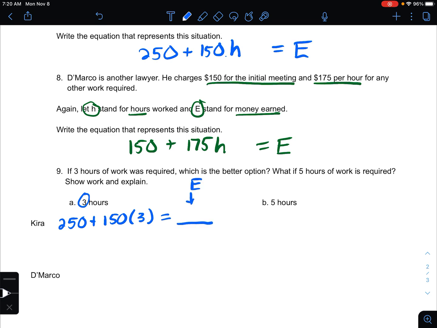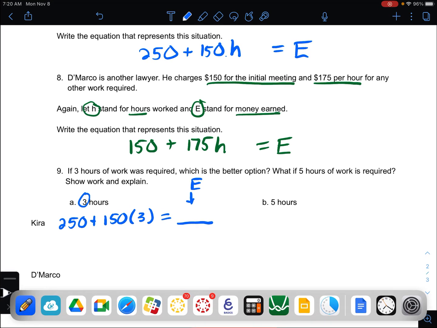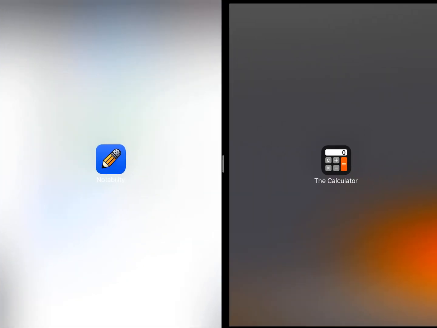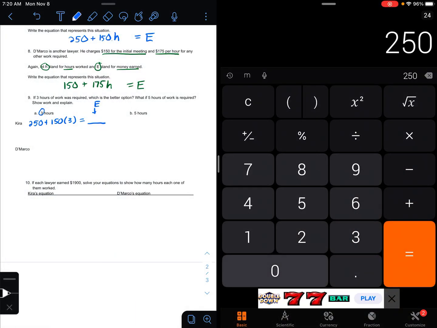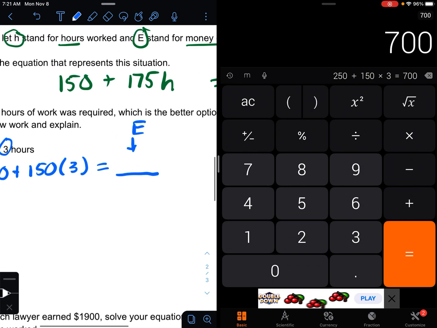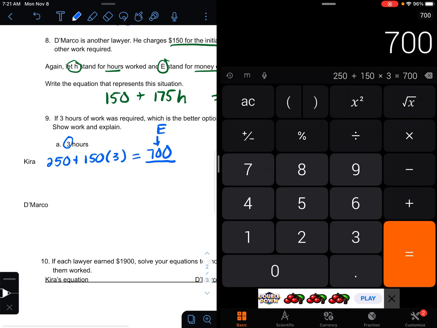So that's going to be E. So let's punch that into the calculator. 250 plus 150 times 3. All right, so 250 plus 150 times 3 is equal to 700. So that's how much money that Kira earned after 3 hours.